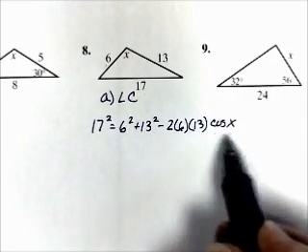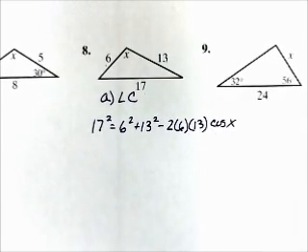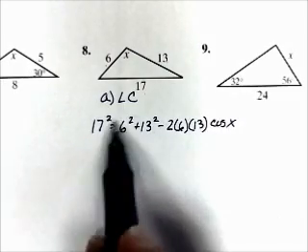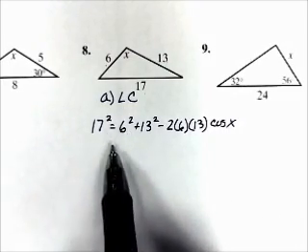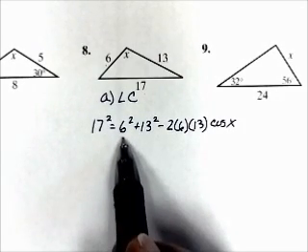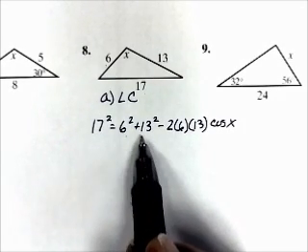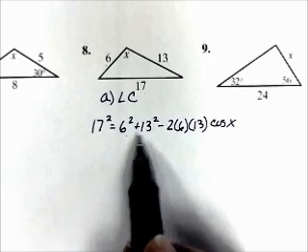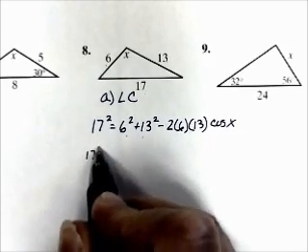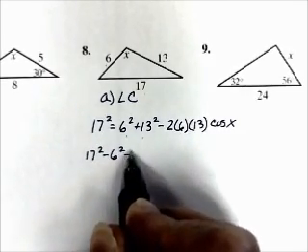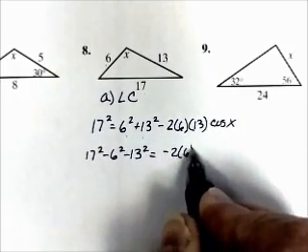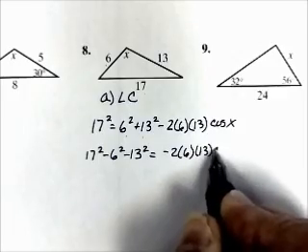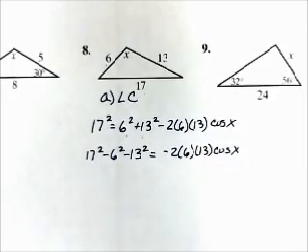Now we need to get cosine x and then eventually x all by itself. Now remember how we manipulate this. All right, get rid of the addition or undo the addition first. So we're going to subtract 6 squared and subtract 13 squared. So we'll have 17 squared minus 6 squared minus 13 squared equals negative 2 times 6 times 13 times the cosine of x.